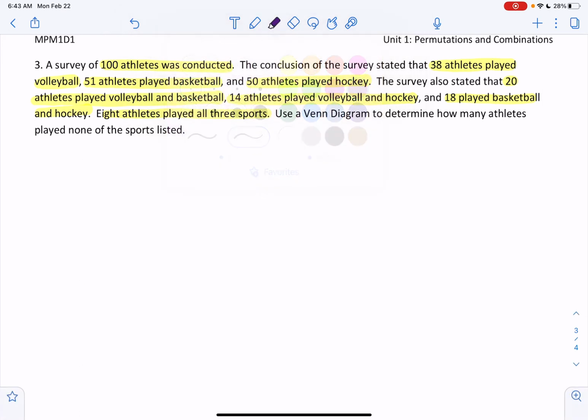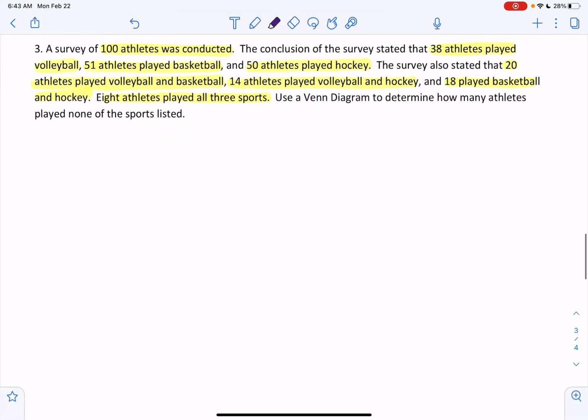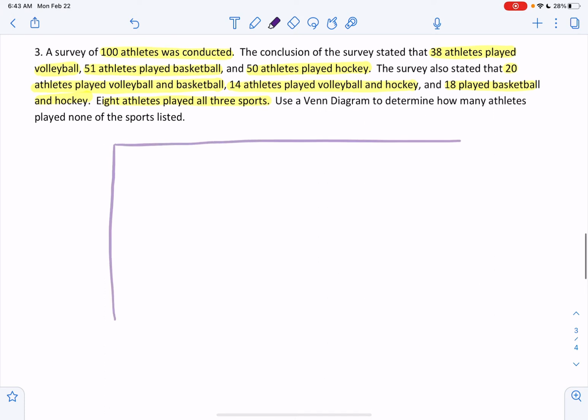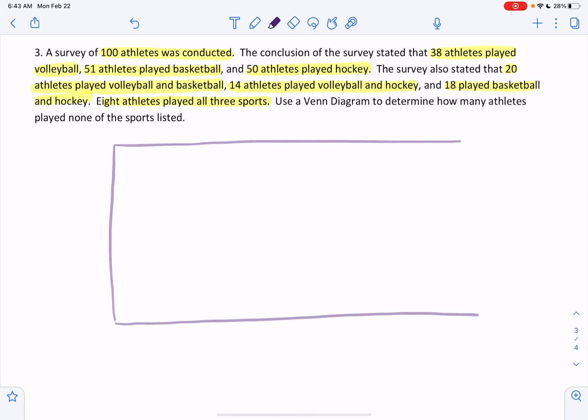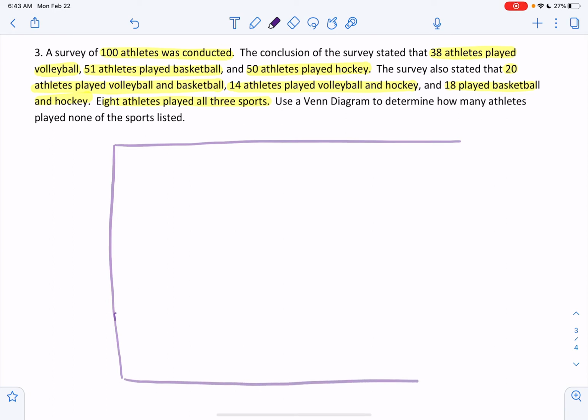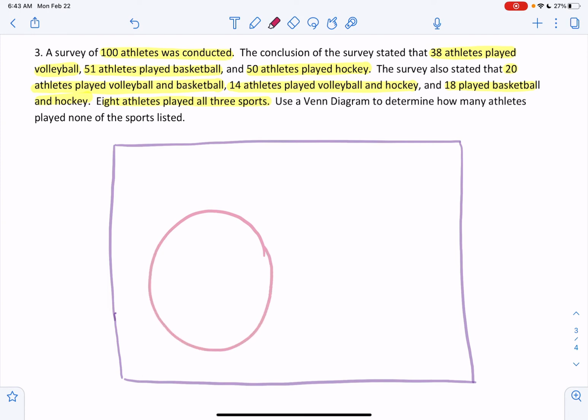So we start by drawing the rectangle. Actually, I'll make it a little bit bigger because we have 3 sets. Okay, so now I'll draw my sets. I have this one here, which we can call the hockey one.